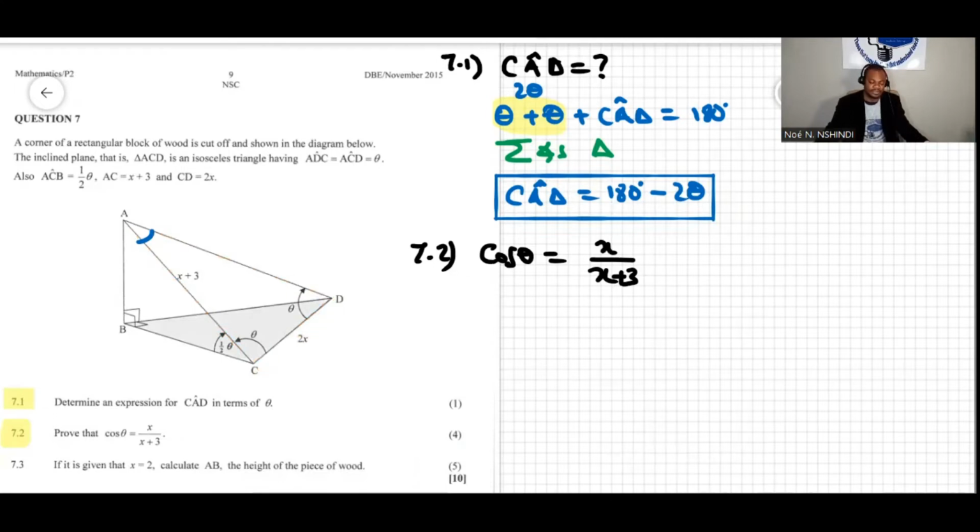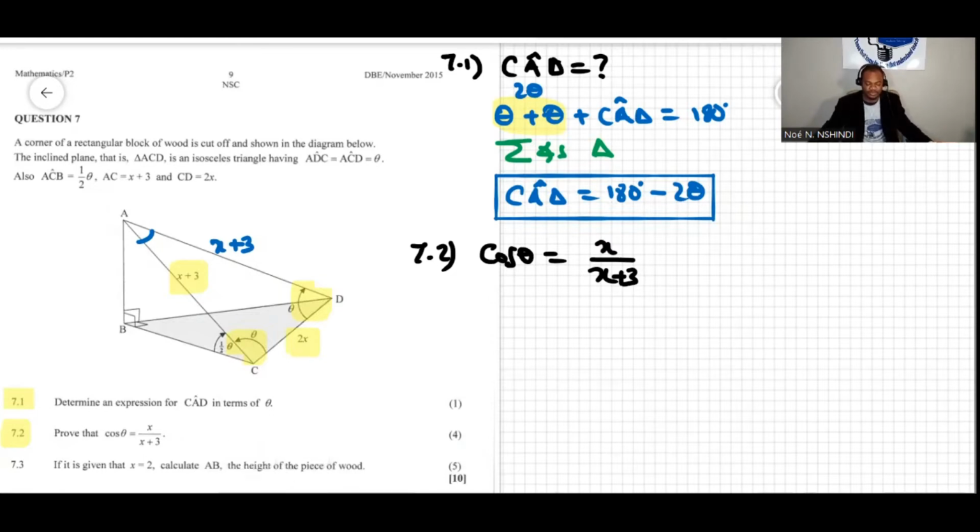We have this side given, it's x plus 3, and the fact that the angles are the same, theta here, tells me that the triangle is an isosceles triangle. Therefore, we can also say this side is also x plus 3, and this side is given as 2x. So we have all the sides given, so we can apply the cos rule.